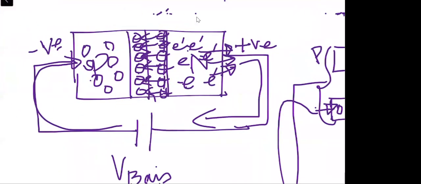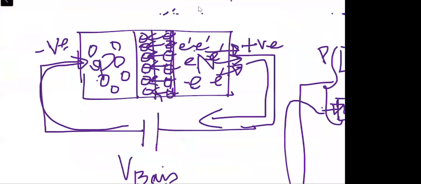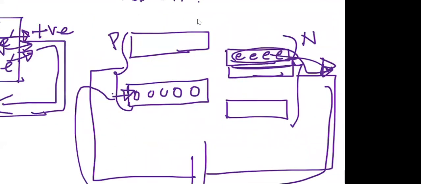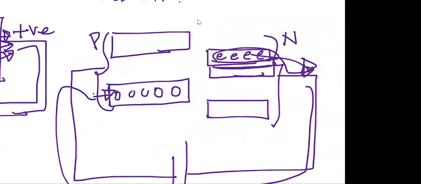Once we have this situation that the PN junction diode is connected in reverse bias, in that condition, what happens is that the free electrons on the N side are being taken by the positive terminal and injected into the P side, into the valence band over here, right?